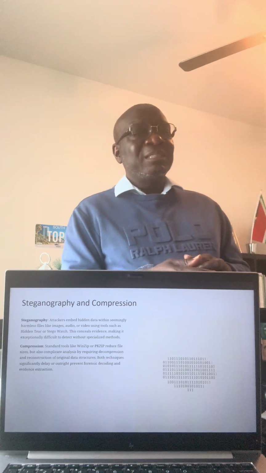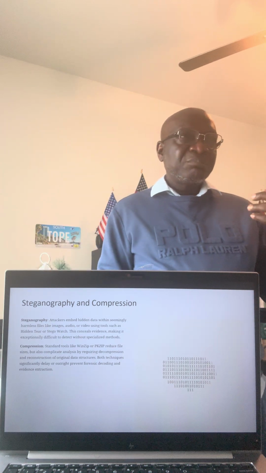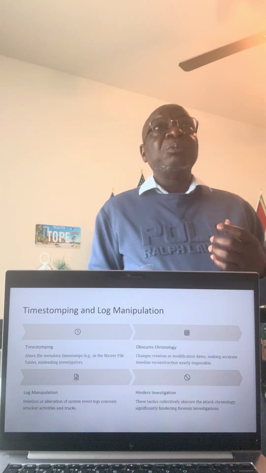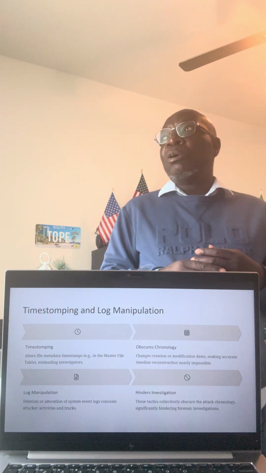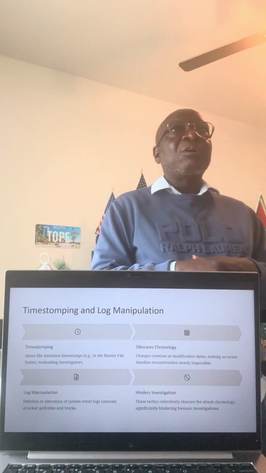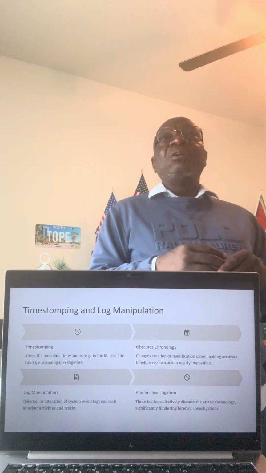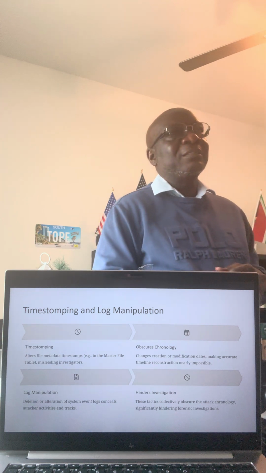This is also an attempt to evade or hinder investigation. So that's why I call it time stomping and log manipulation. And that's the slide that you are looking at right there.